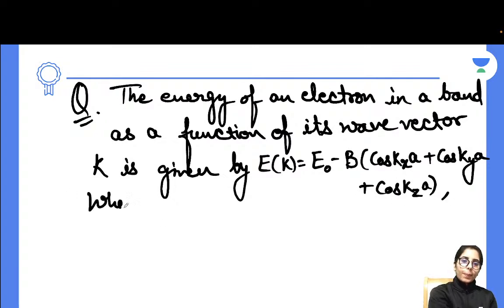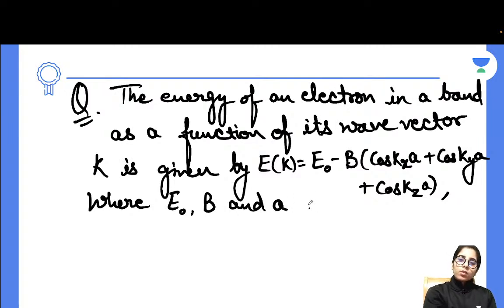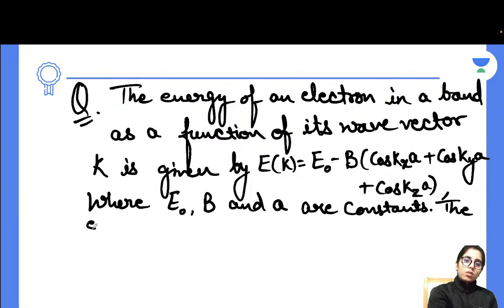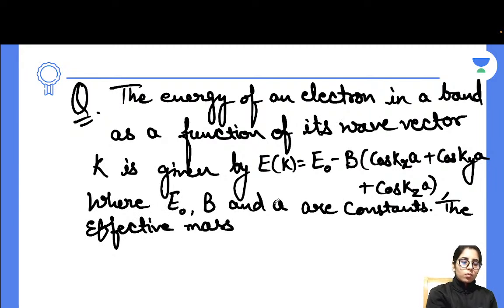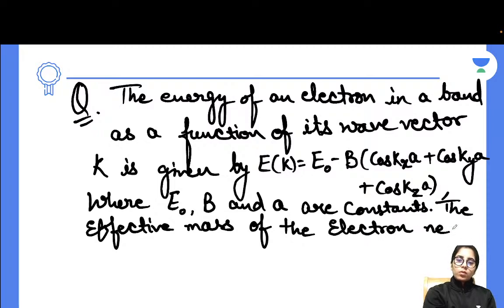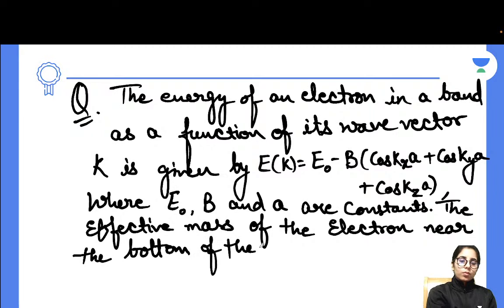where E naught, B, and A are constants, the effective mass of the electron near the bottom of the band is.